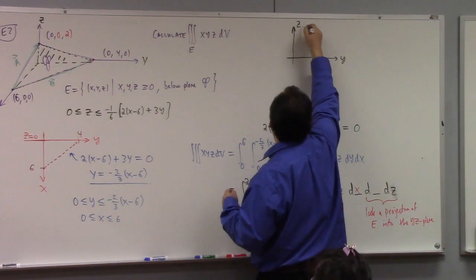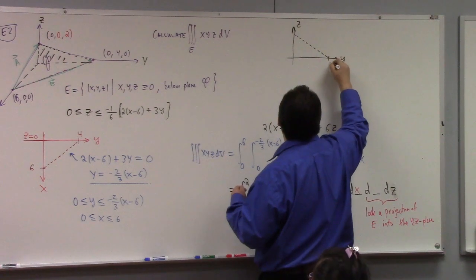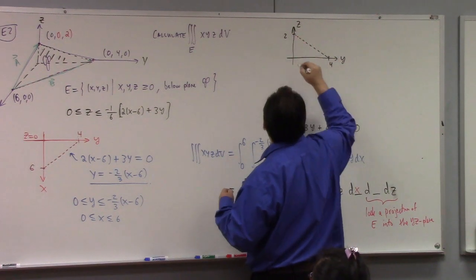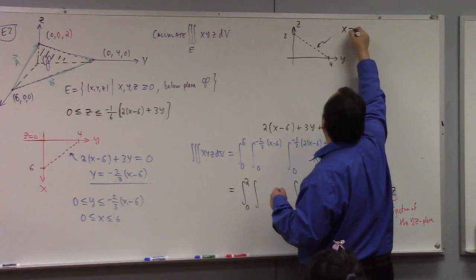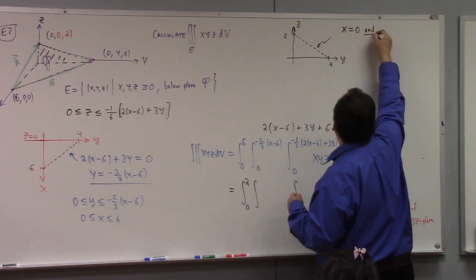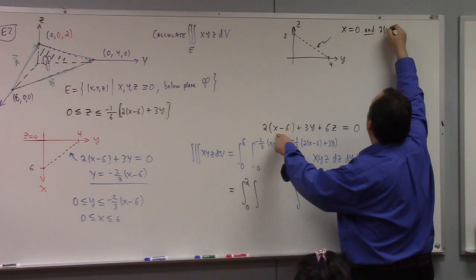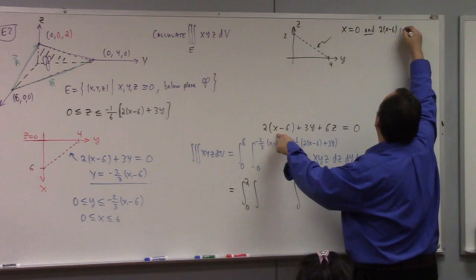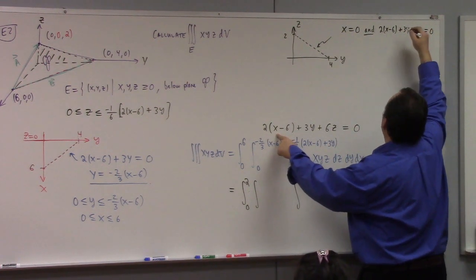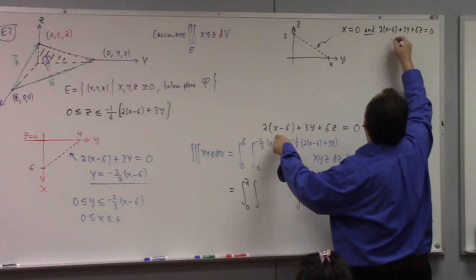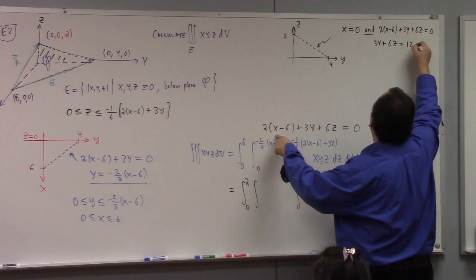Here's Y, here's Z. Now, we know that this is 4. We know that this is 2. What's the equation of this right here? This is x equals 0 and the equation for the plane, which I happen to have here. So you put these together, what do you get? You get 3y plus 6z equals 12.